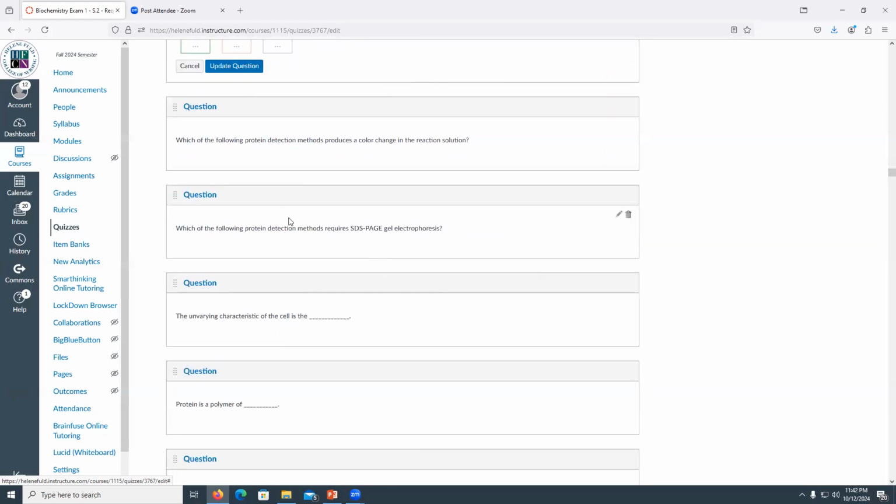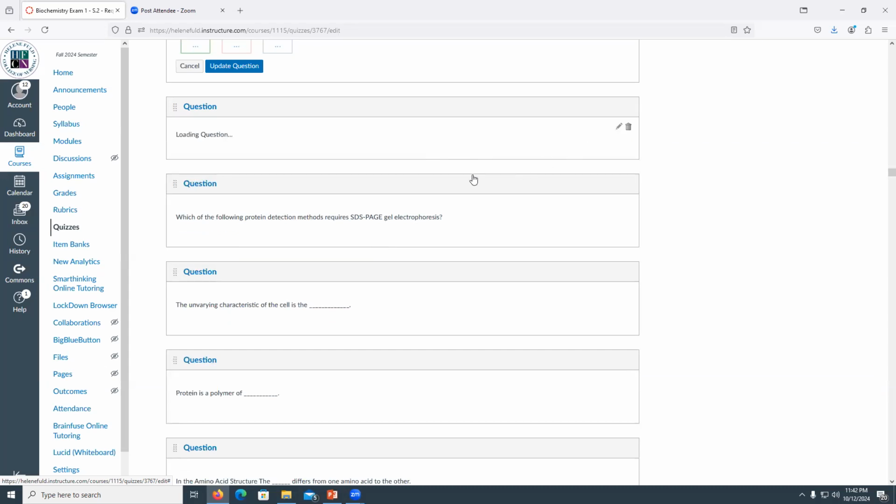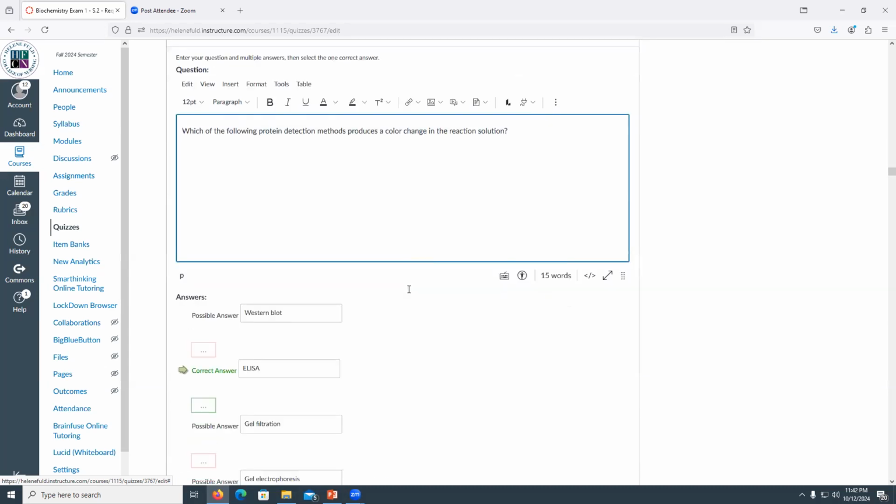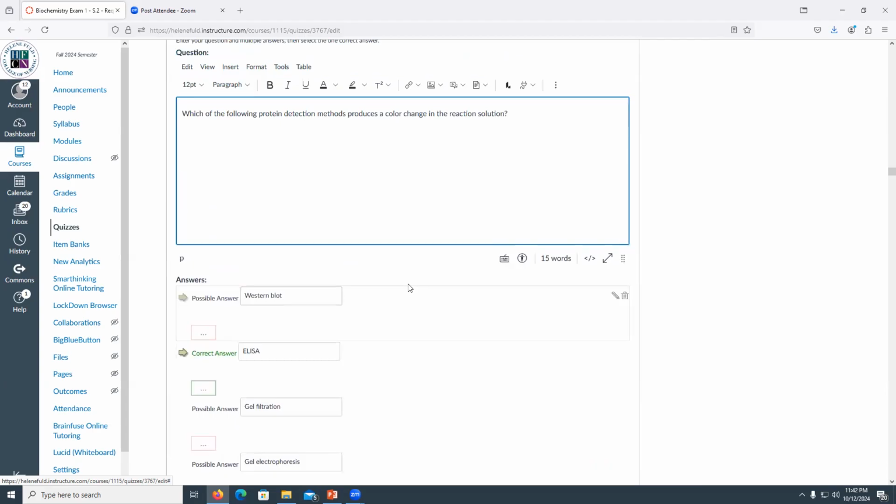Which of the following protein detection methods produces color change? We talked about that. That's ELISA. So in ELISA, what happens is we saturate our medium with antibodies. Then we drop our antigens of interest. Then we watch this interaction between the antibody binding the antigen.